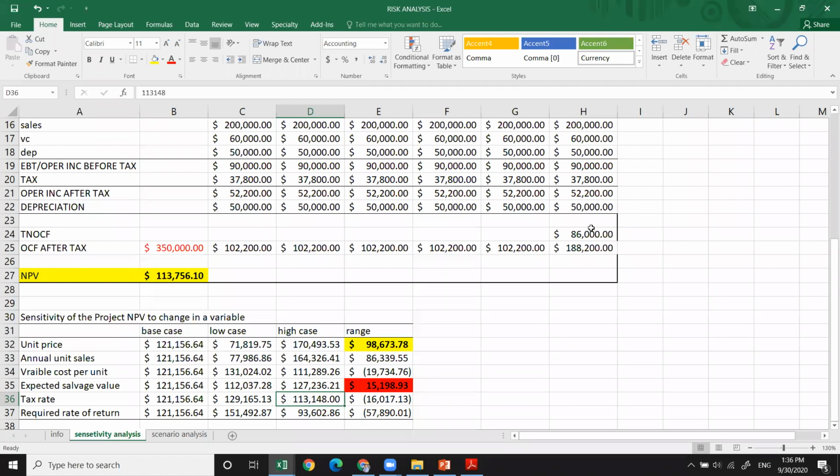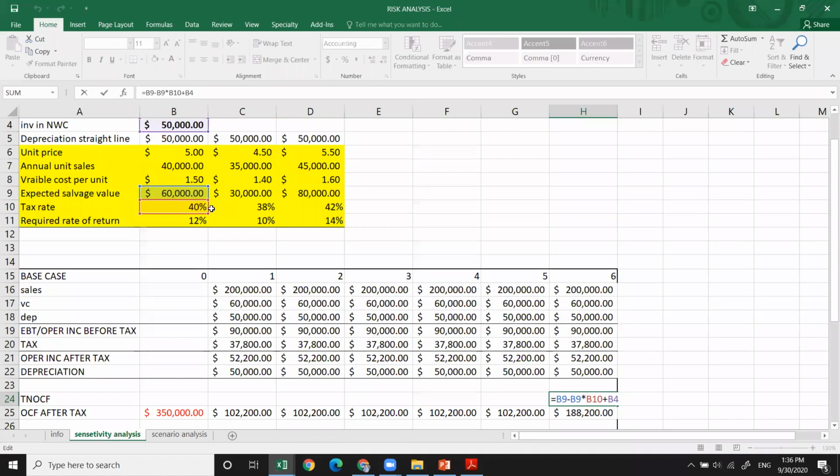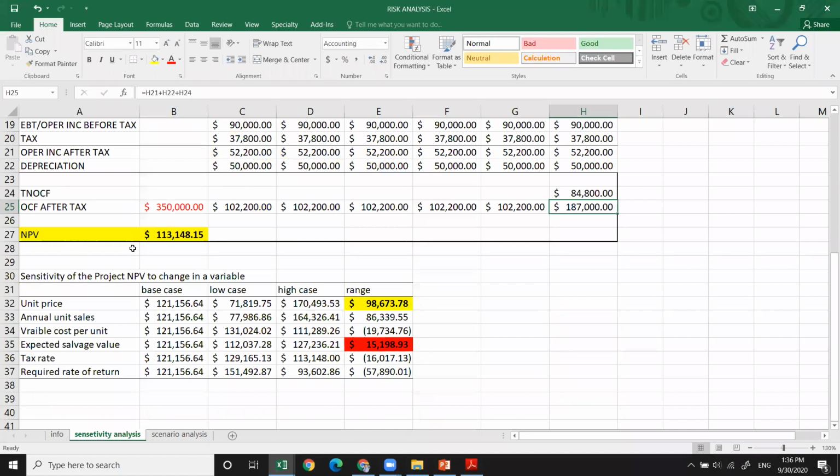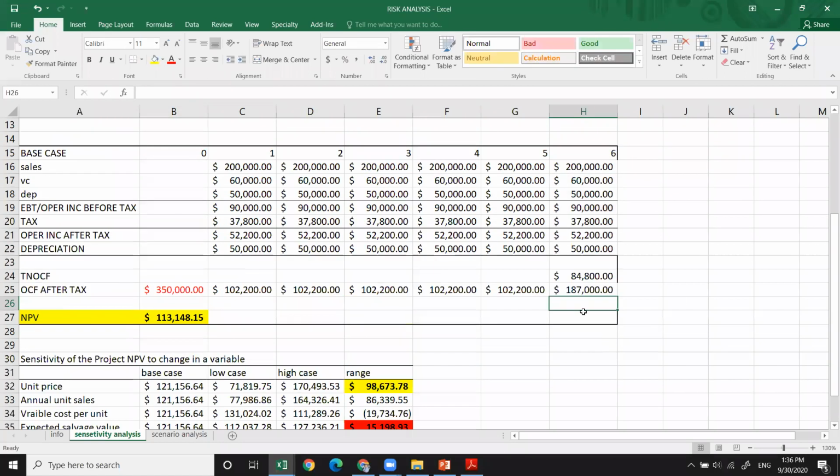Instead of 40, it should be 42. Okay, we have to change it to 42 here as well. Okay, now it's matched. Or still not matched? Wait a second.